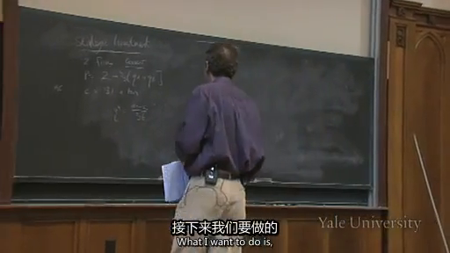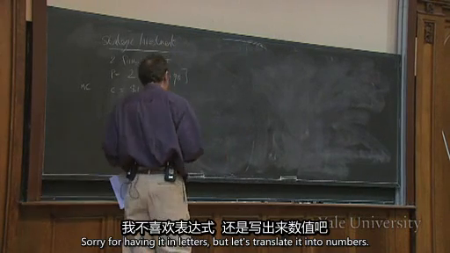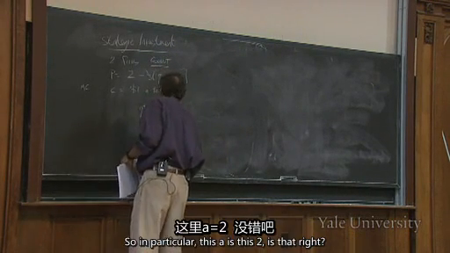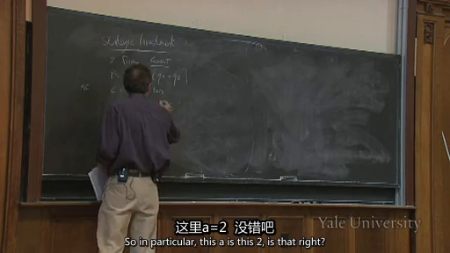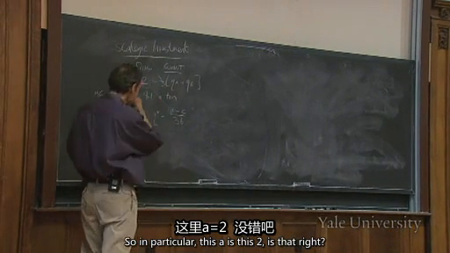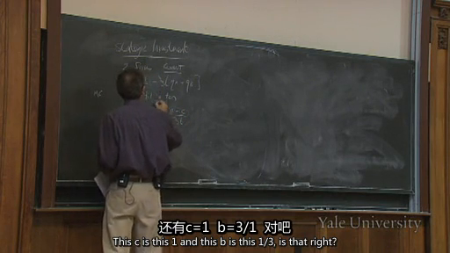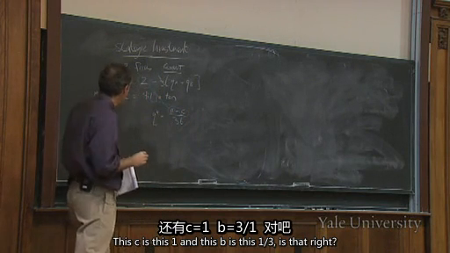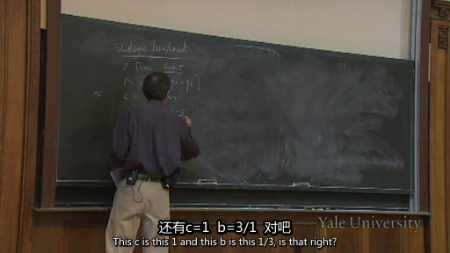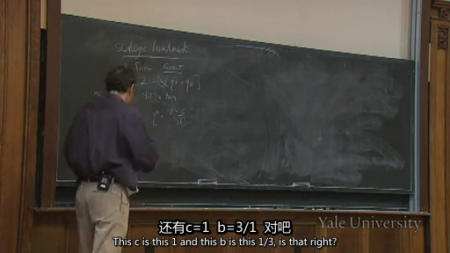And what I want to do is make sure we can translate that into numbers here. So we're all having it in letters, but let's translate it into numbers. In particular, this A is this 2. This C is this 1. And this B is this 1/3. Is that right?